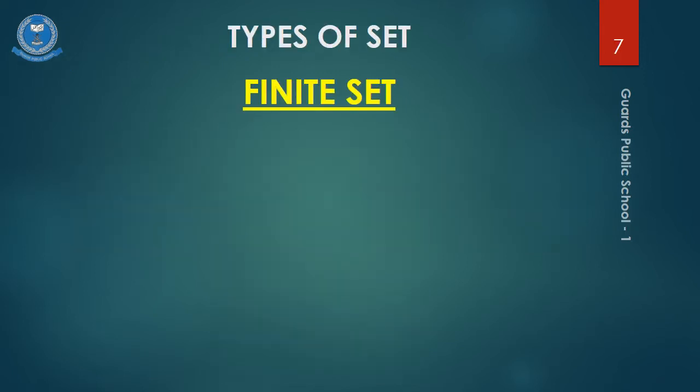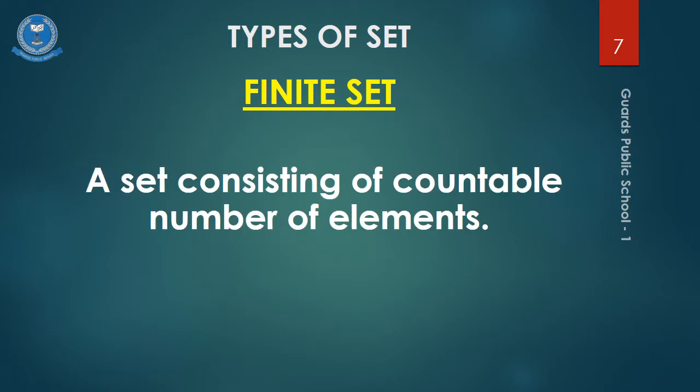Now types of sets. First type is finite set. A set consisting of a countable number of elements is called a finite set. Here is an example: set A equals curly bracket 5, 7, 9, 11. Pay attention.